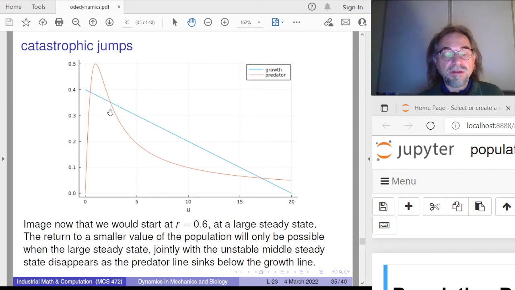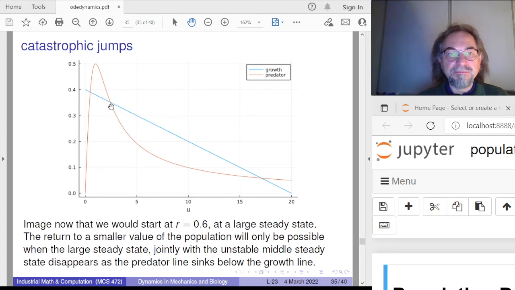Now, if we would start with a high birth rate, and then go to a smaller birth rate, it will actually only be possible when the large steady state joins. So the blue line here then needs to go much, much lower.